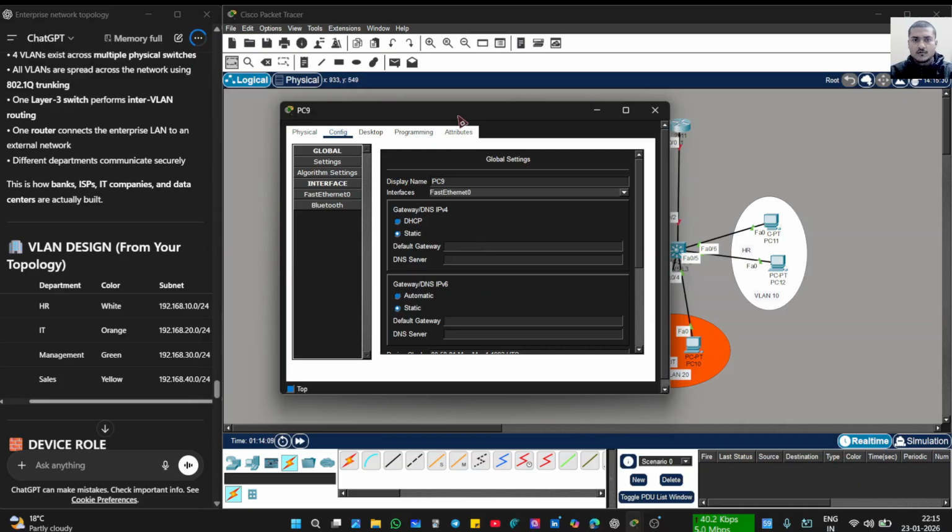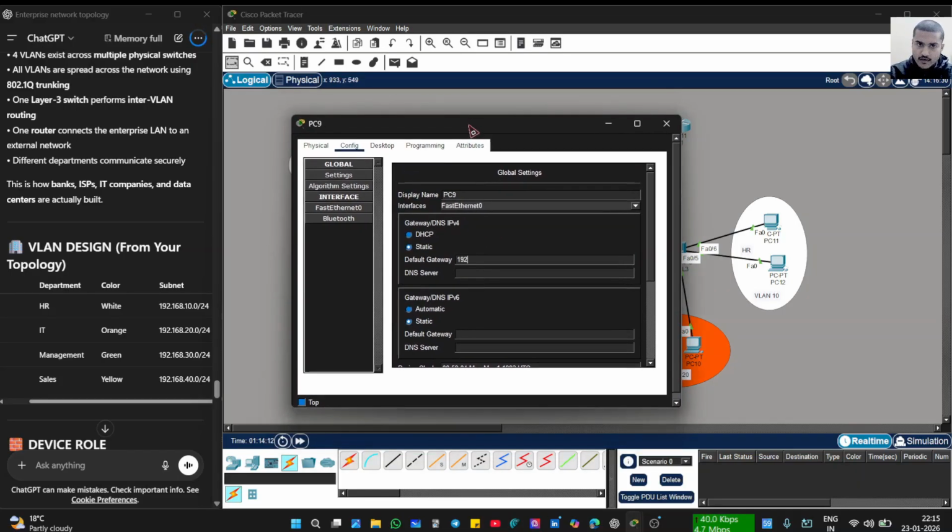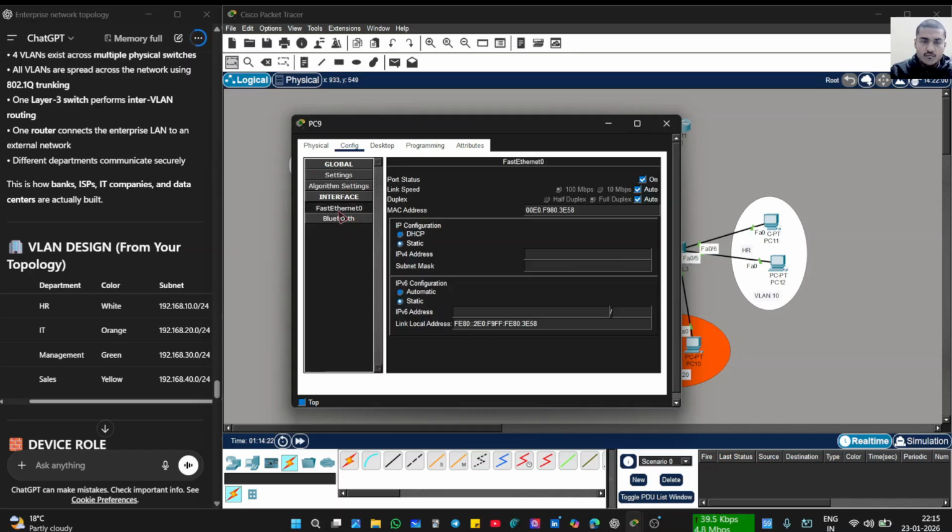Now it's time for VLAN 20. The IP address for this would be 192.168.20.1. This is the default gateway for VLAN 20. Then 192.168.20.10, because this is the first PC of VLAN 20.